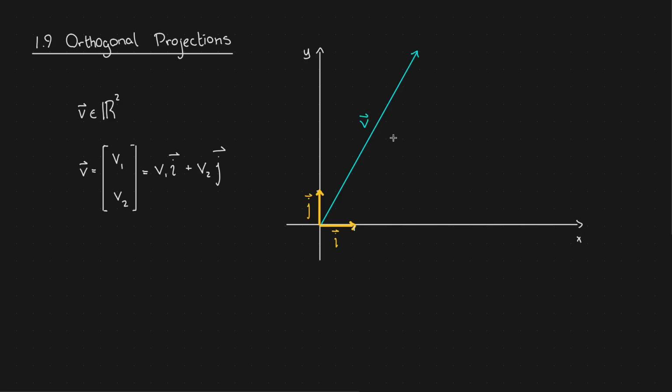What we do with vector v is we break it into two separate directions. How much of v is going in the direction of i? And v is going this far in the direction of i. So we go v1 units in the i direction. That's how far v goes. And then in the j direction, we go v2 units in the direction of vector j.